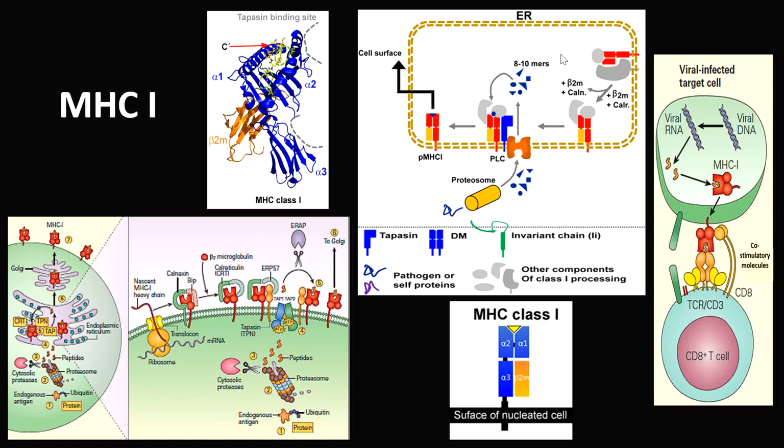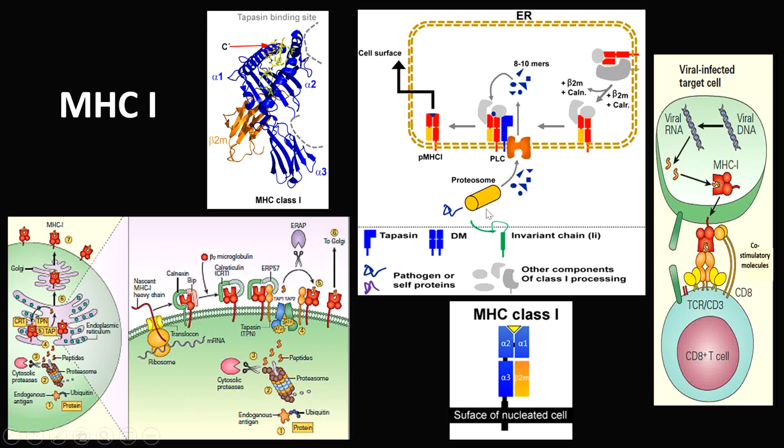Meanwhile, a new MHC1 molecule is being synthesized in the endoplasmic reticulum. The new MHC1 molecule associates with the MHC1 peptide loading complex. Tapasin physically links the MHC1 molecules and the TAP transporters. Here you can see tapasin is here. That actually helps to bind this MHC1 molecule with the transporter.